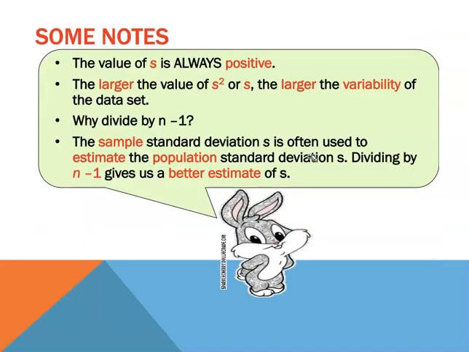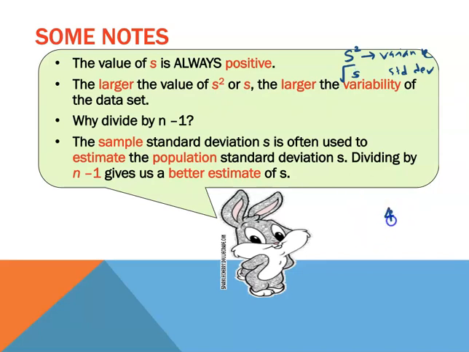Okay, moving on. Some notes. The value of S is always positive. Why was this emphasized? Let's take a look. S squared is your variance, right? And to find out the standard deviation, you have to take the square root. When you take a square root, remember you can get a positive or a negative value.